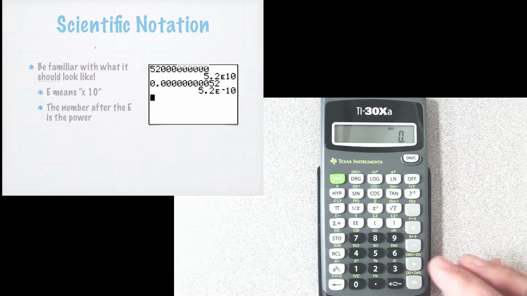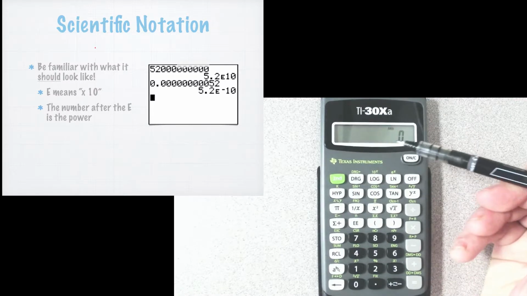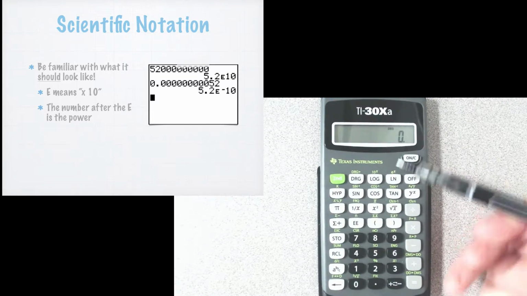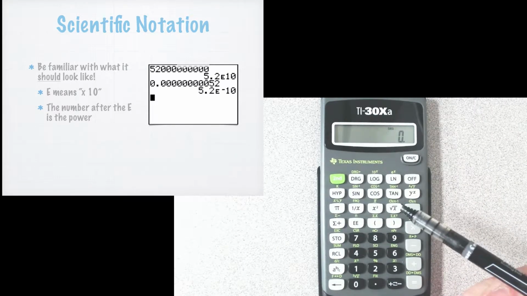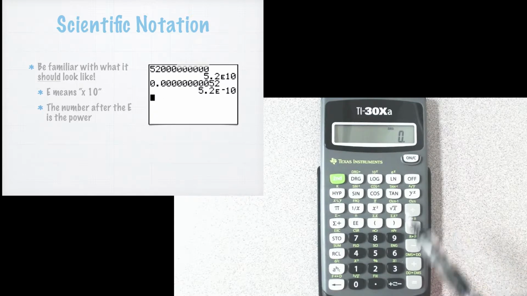That's the important thing. Now, look at the calculator on the other screen here, and let me show you how to put it in. Okay, so let's say we wanted to enter 5.2 times 10 to the 10th. Every calculator should have a button, usually labeled EE. So right here on this calculator, it's labeled EE. That's the times 10 button.